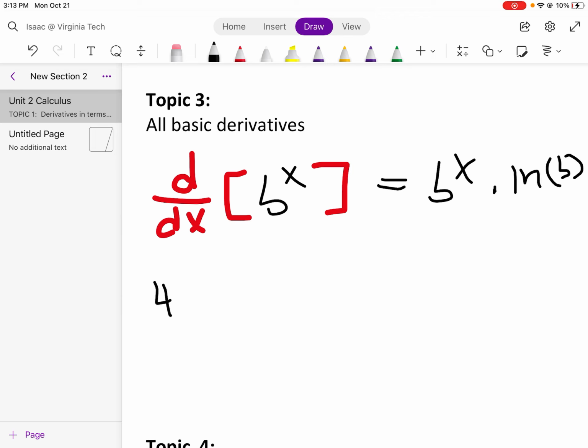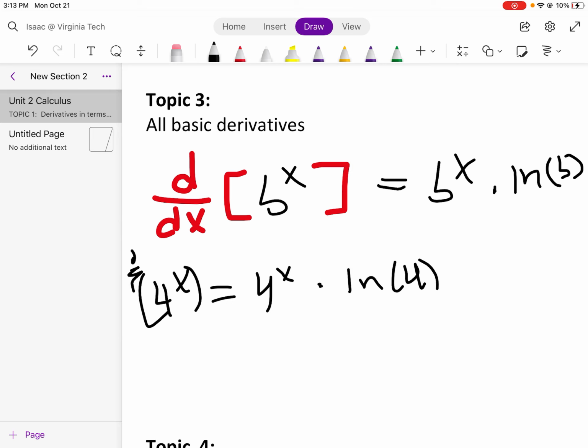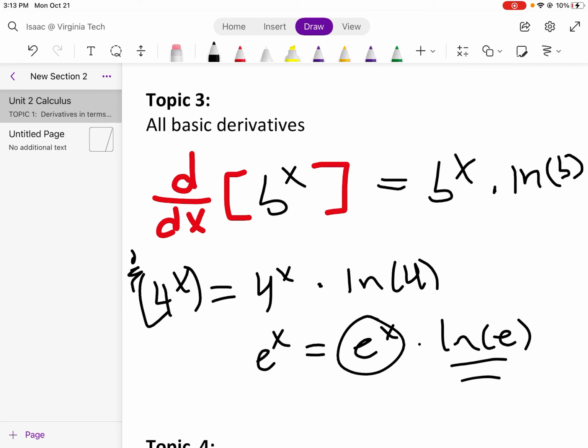So if we had 4 to the x, the derivative of that is going to be, just pretend there's a d dx there, 4 to the x times ln of 4. Not too bad, right? It's the same as e to the x, except you have to do ln of that. And technically that is the same thing as what you do for e to the x. We're saying e to the x times ln of e, but this is actually equal to 1, so that's why we just say that.